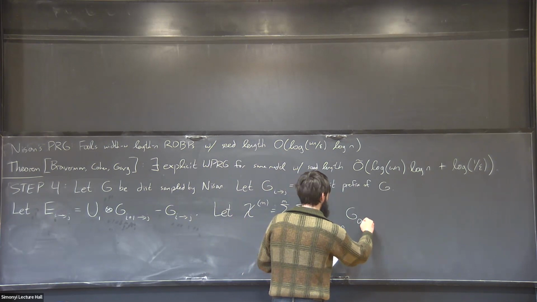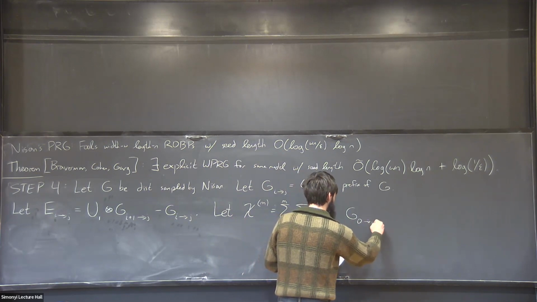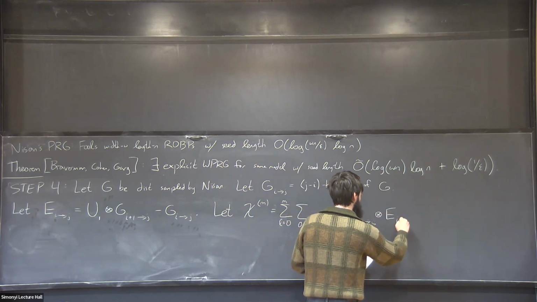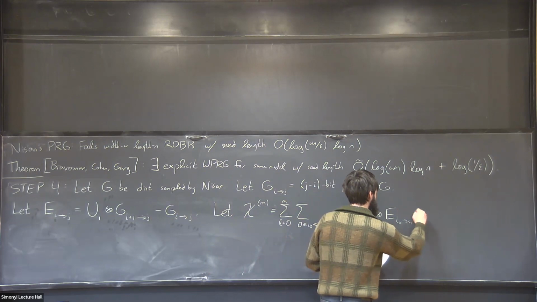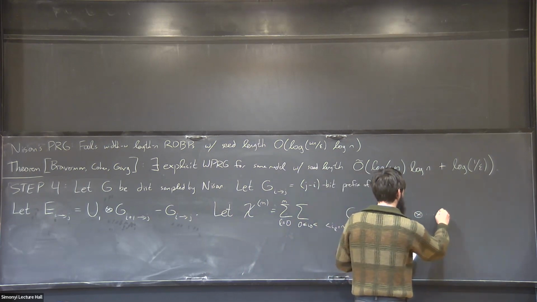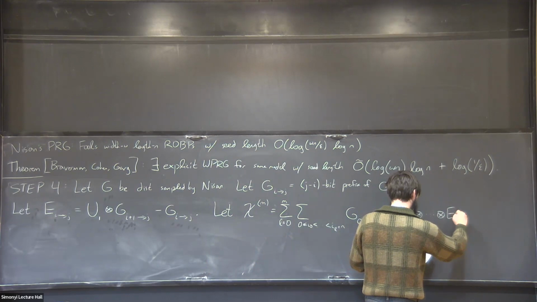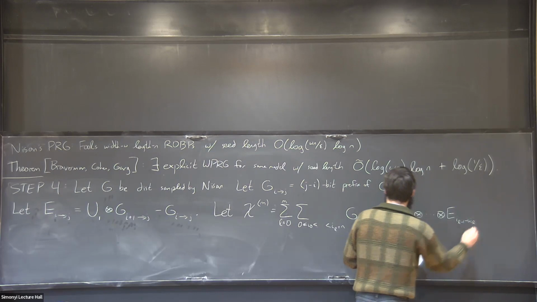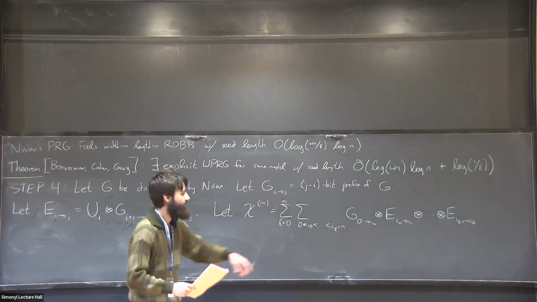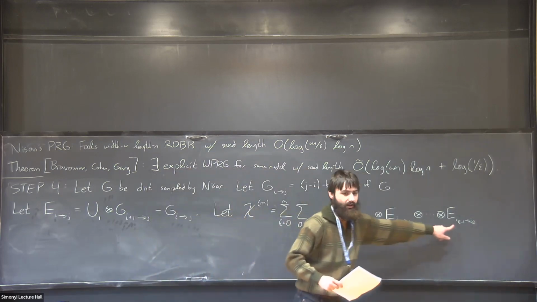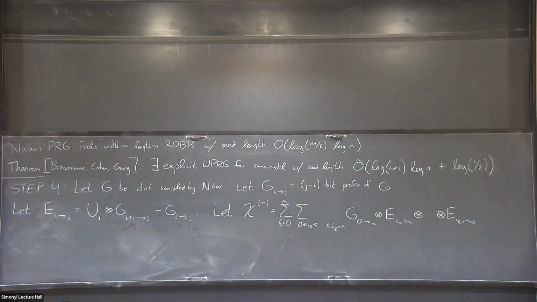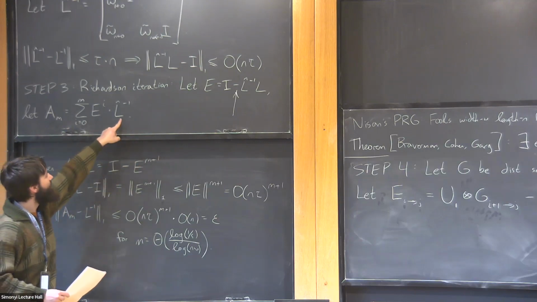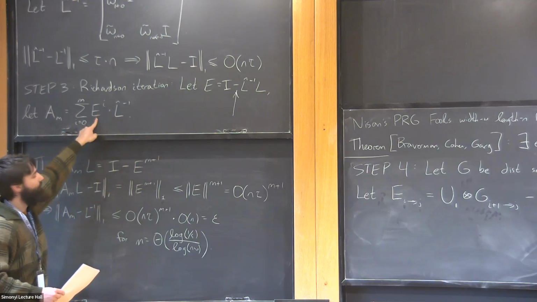And then we do first the pseudorandom generator, and then we tensor that with a bunch of this E thing. So this pseudorandom generator followed by a bunch of E's, that corresponds to, with the matrix multiplication in the other way, the L hat inverse multiplied by a bunch of E's.